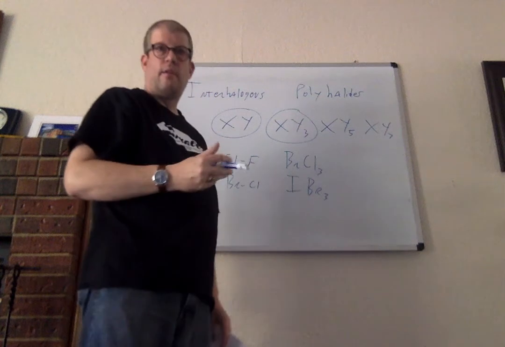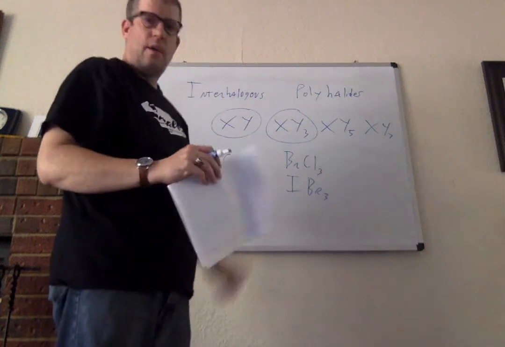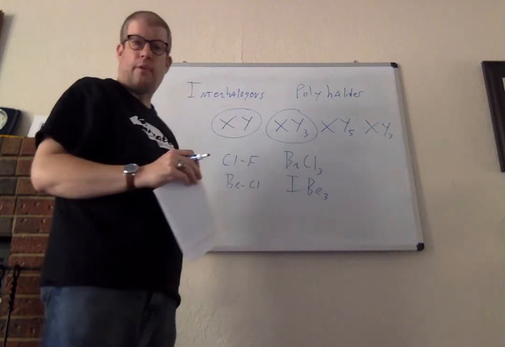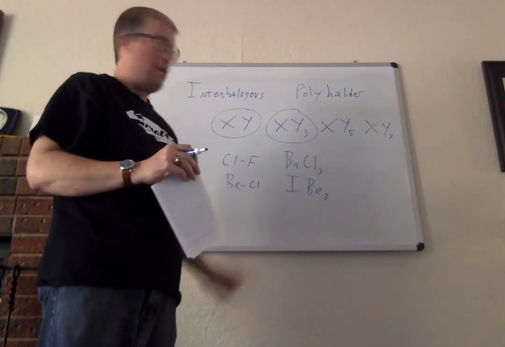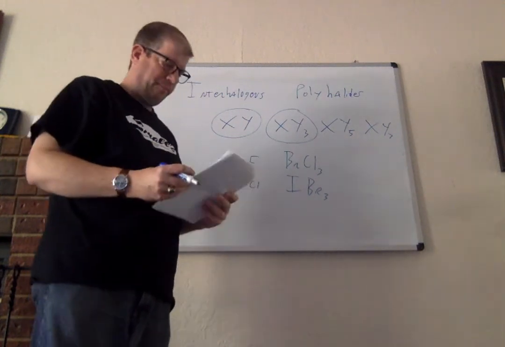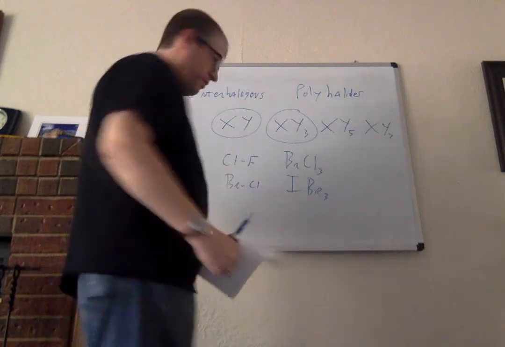Or iodine tribromide, etc. So for these two possibilities, you can pick any halogen and attach a more electronegative element to it, either once or thrice. And so those are a fairly diverse group.